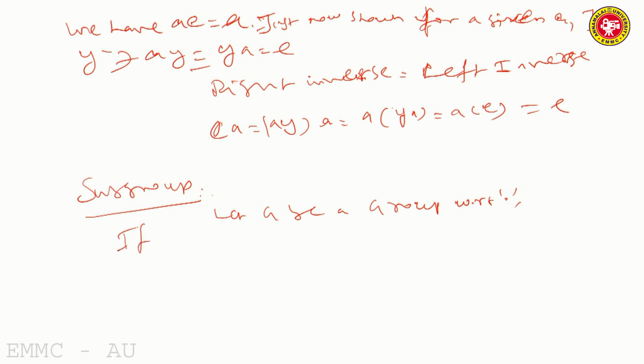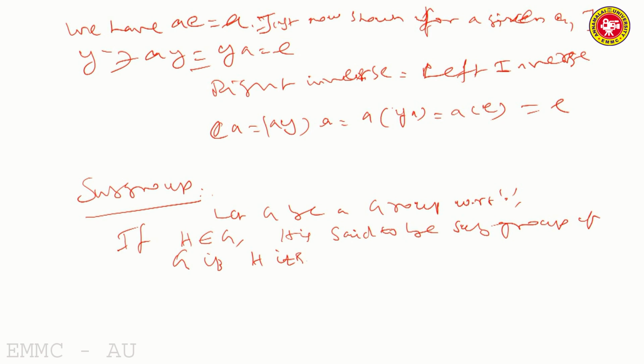If H is a subset of G, H is said to be a subgroup of G if H itself forms a group under the same binary operation.